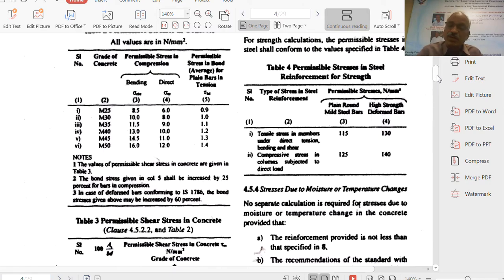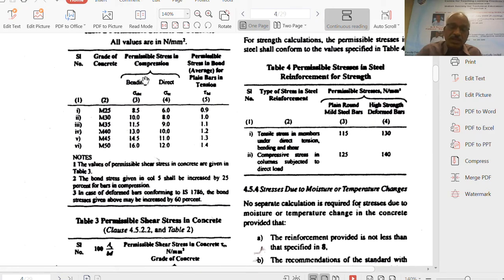These are the allowable stresses in concrete in compression. That was tension; this is compressive stress in concrete. For M25, bending compression is 8.5, direct compression is 6.0, and permissible stress in bond is 0.9.